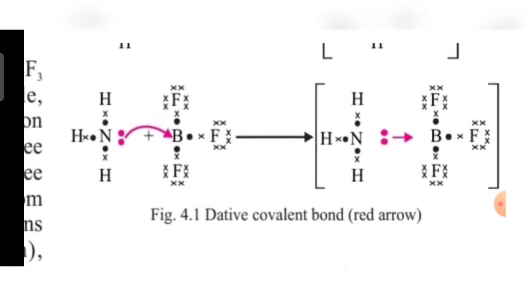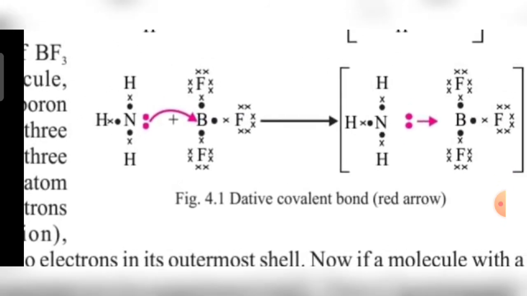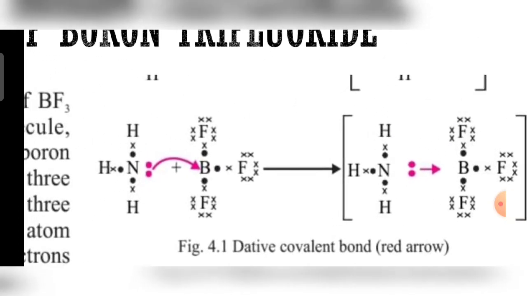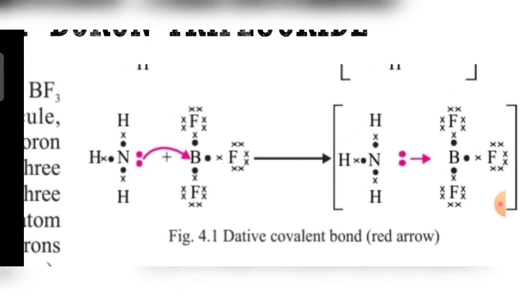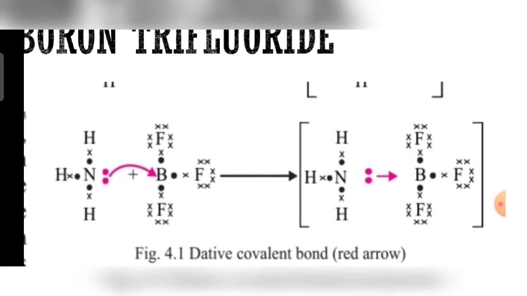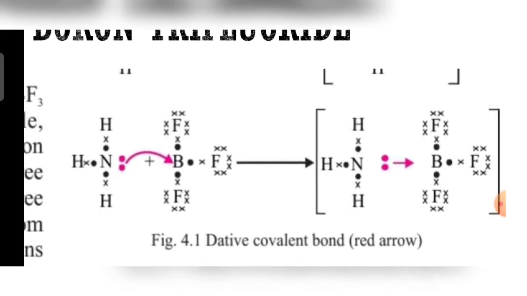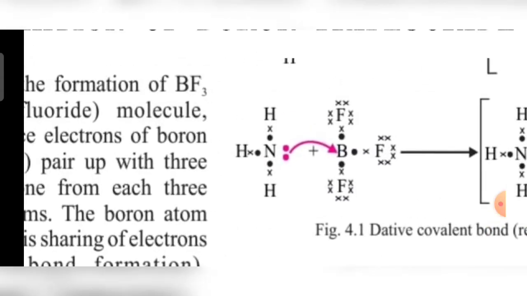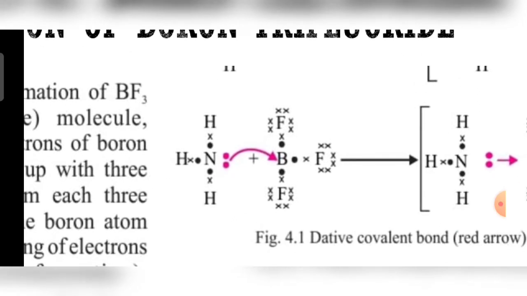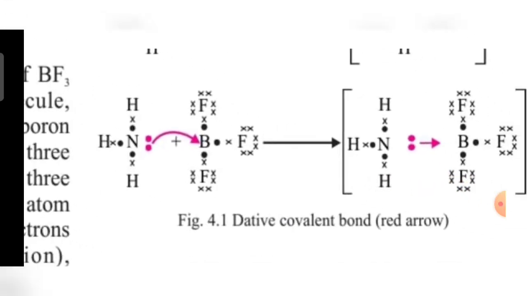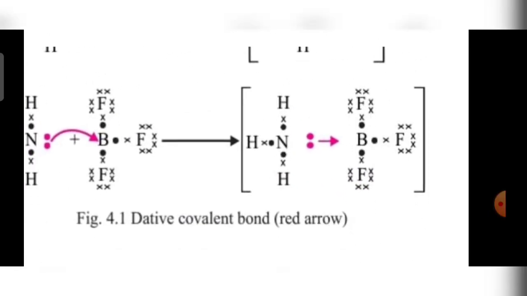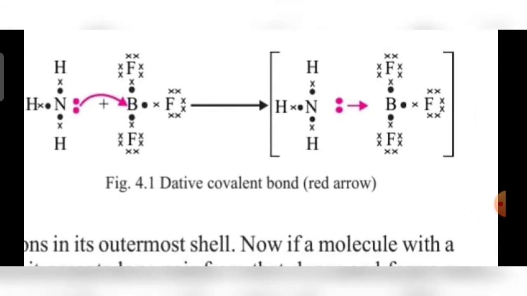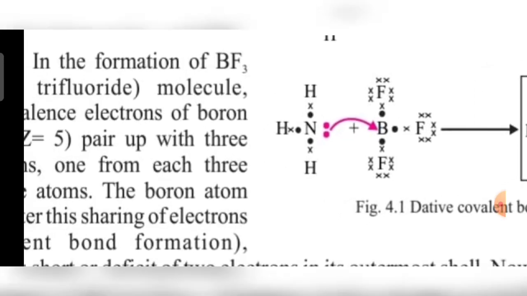Fluorine requires only 1 electron, so it shares a single electron with boron, and 3 fluorine form boron trifluoride. After this sharing, boron still has a deficiency of 2 electrons, which will be provided by ammonia, and the coordinate covalent bond will be formed between ammonia and boron trifluoride.